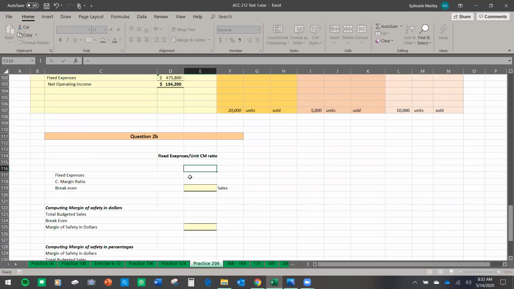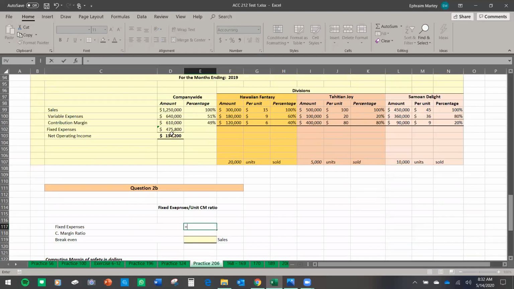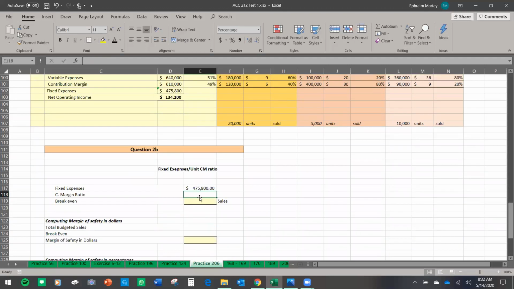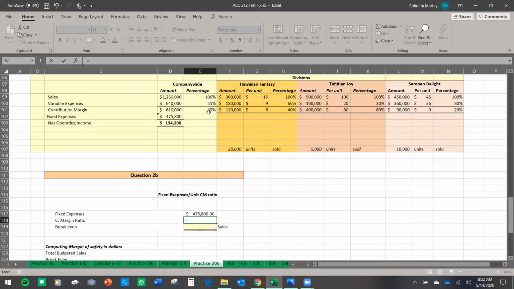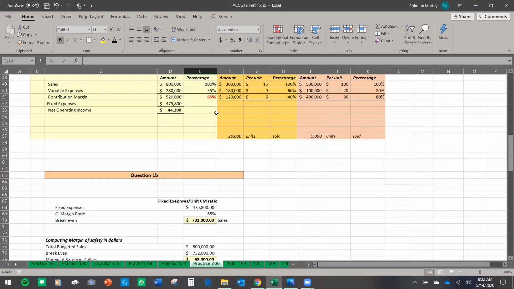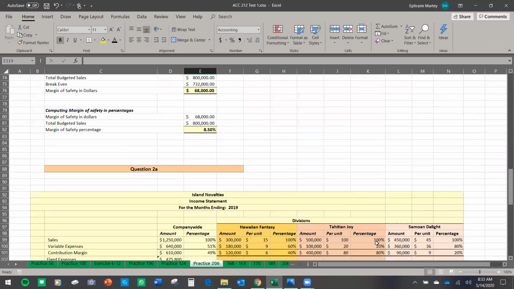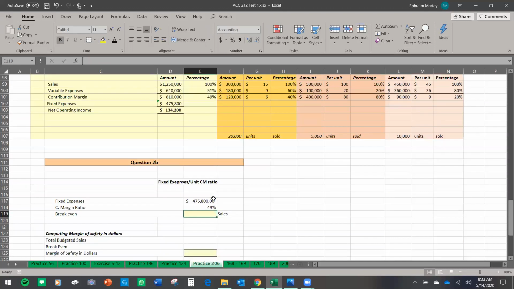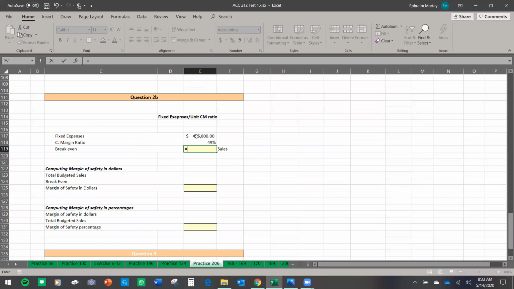Our fixed expenses did not change. That is that one over there. And what is our CM ratio for the entire company? That is 49%. It used to be 65%, but because we added another product, the contribution margin ratio now is 49%. So in order to find our break-even, we divide that one by that, and that gives us 975,000 in sales.